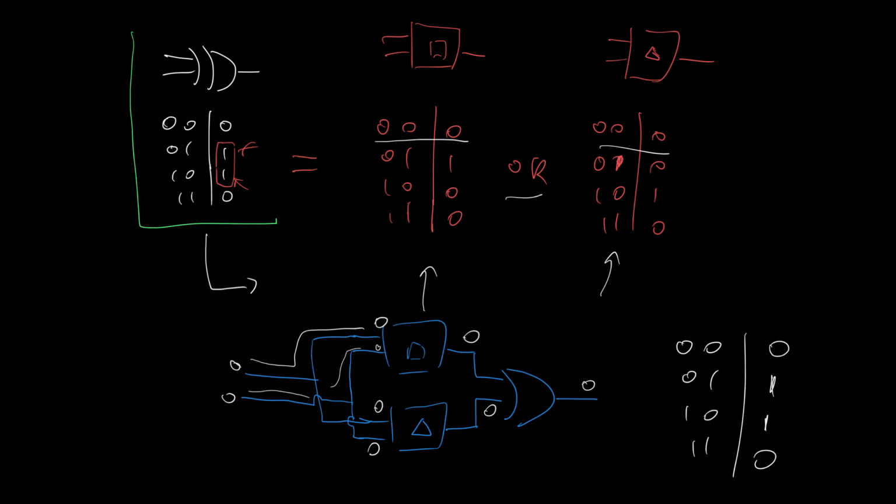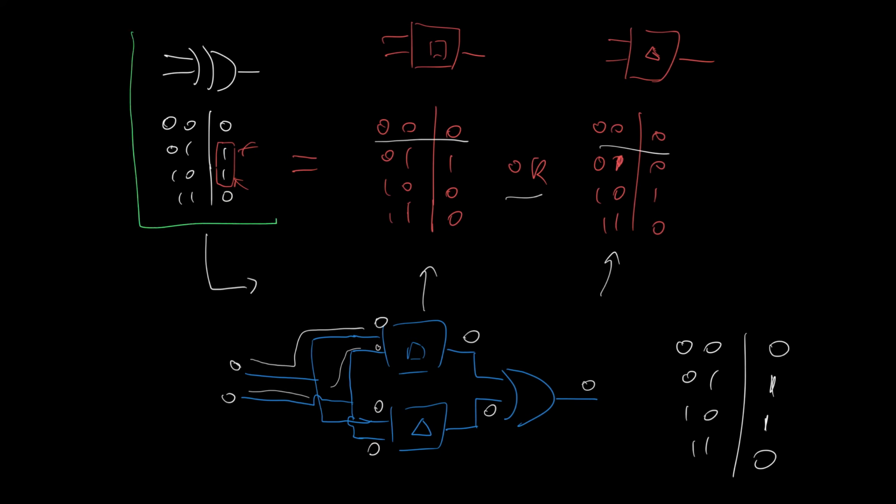To elaborate, because we are going to send the same inputs to both of these gates, when we OR them together, then the output is going to be whatever the input is. Say the input is 0, 1. So I look at 0, 1 here, and I look at 0, 1 here, because the same input's going to go to both these gates. And the output's going to be the OR of them.